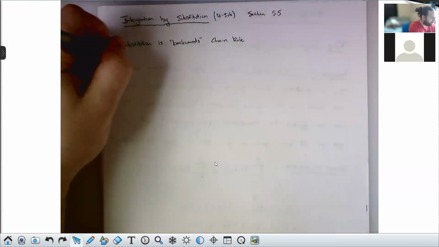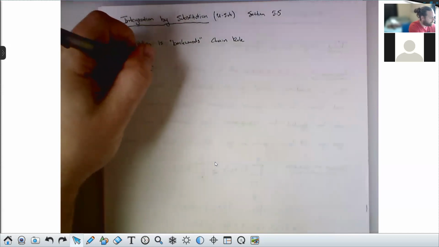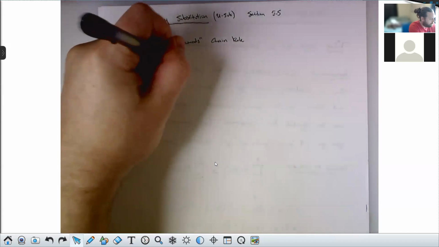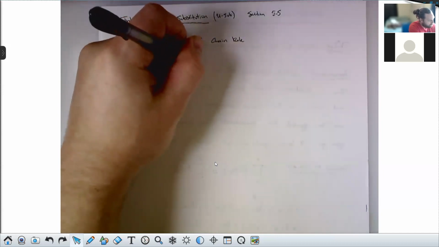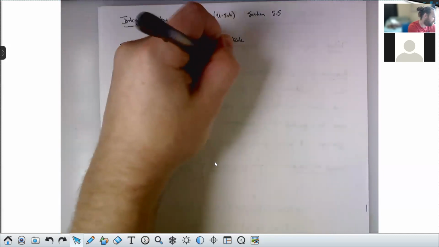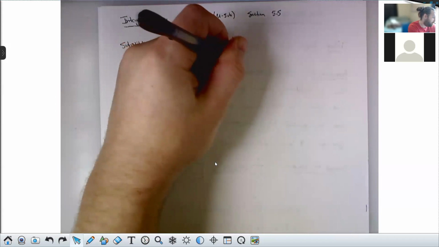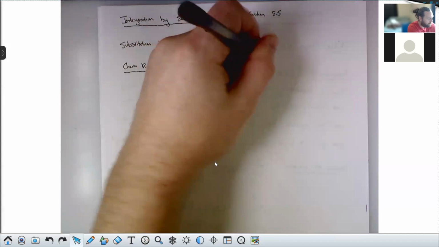So the chain rule for derivatives, in extreme brief, says d dx of f of u of x is equal to f primed of u of x times u primed of x.